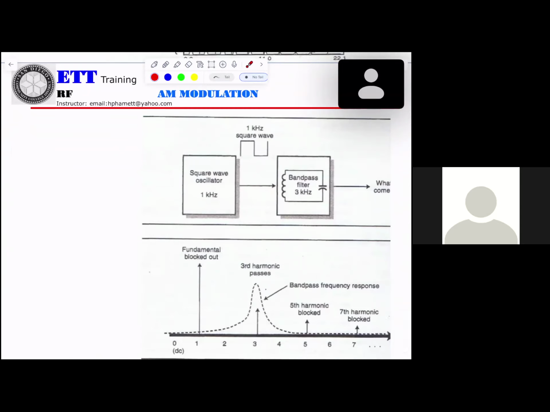Now we see you get a square wave oscillator. You know an oscillator, right? You can go to an electronics store and buy an oscillator. If you say, I want a 1 kilohertz square wave oscillator, they give you the IC.